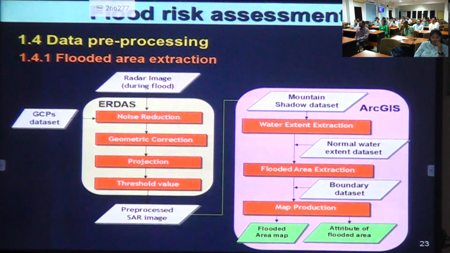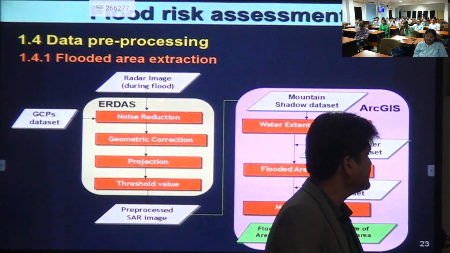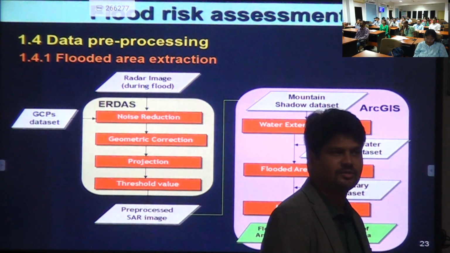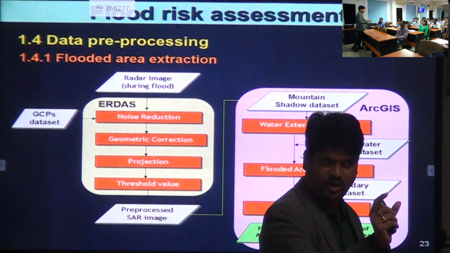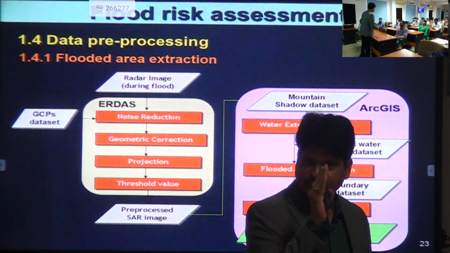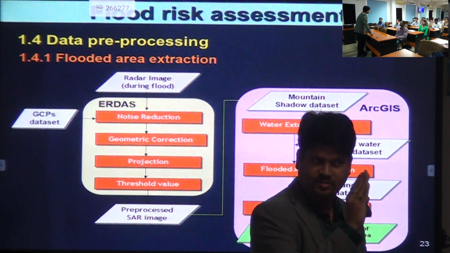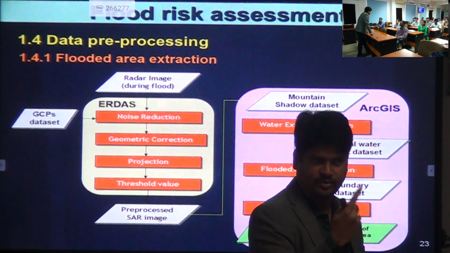Flood area extraction from the radar image. What is the data? The radar image, let's say during the flood. I told you that given a particular event, during the flood, we took as many radar images as were available, depending on how many passes and how temporally it is available.